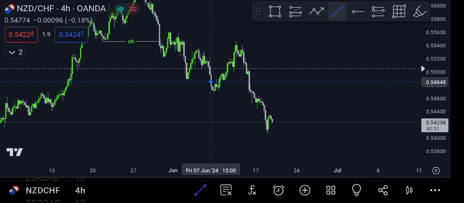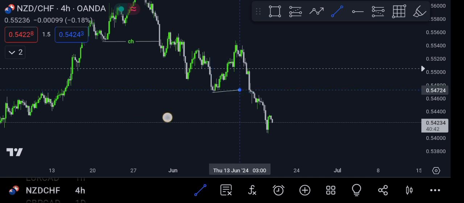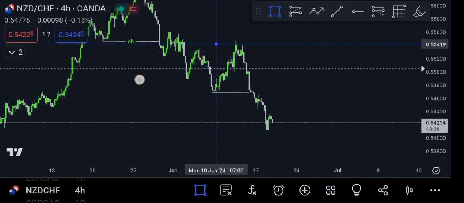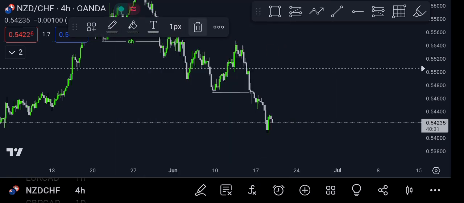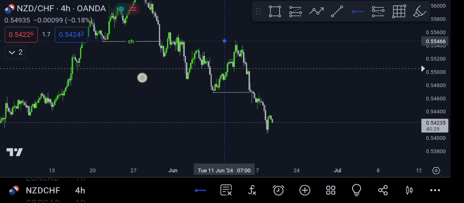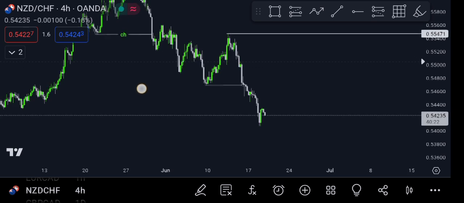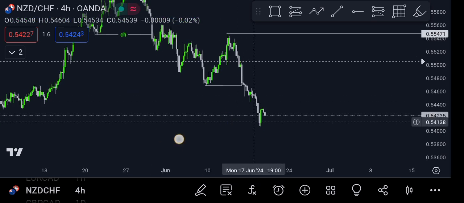We need to mark our last break of structure. So on the 4 hour time frame, this was our last break of structure here. Let me delete this. And then our swing point, we are ranging from this high here, and price still hasn't given us a low.